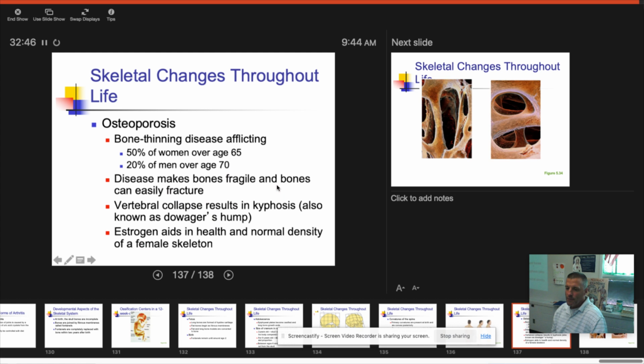Okay, this is it. Osteoporosis. What does it mean literally, Kai? What does that word mean? Porous. What does it mean if something's porous? Full of holes, right?